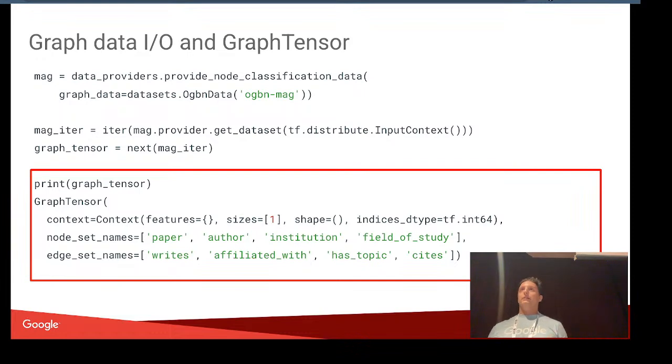And while the original data defines one large heterogeneous graph, the dataset provider by default will define the transformations on this original dataset to generate random subgraphs from this large graph. And this subgraph, finally, is what is represented as a TFGNN graph tensor. And this tensor object is just an extension of normal tensors like you'd find in TensorFlow.